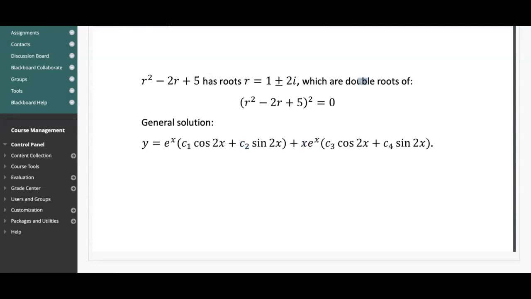Then, because it's a double root, multiplicity of 2, we have this x raised to 1, real part e to the 1x, cosine 2x, multiplied by some real number, and sine 2x multiplied by some real number. So this is a general solution of that.